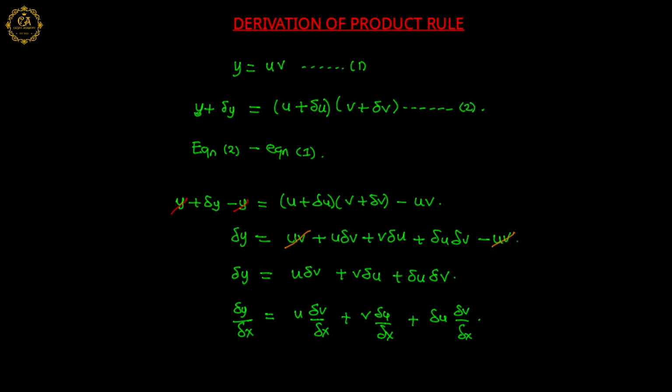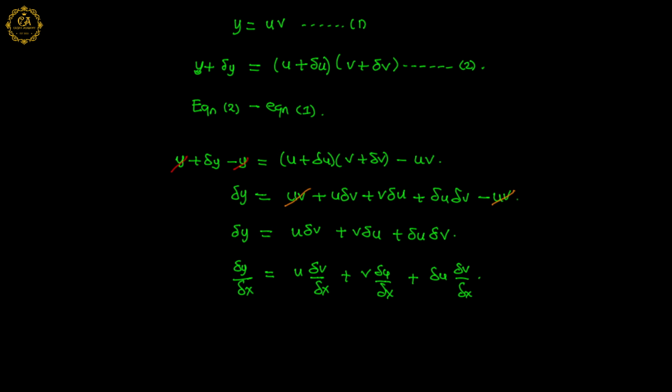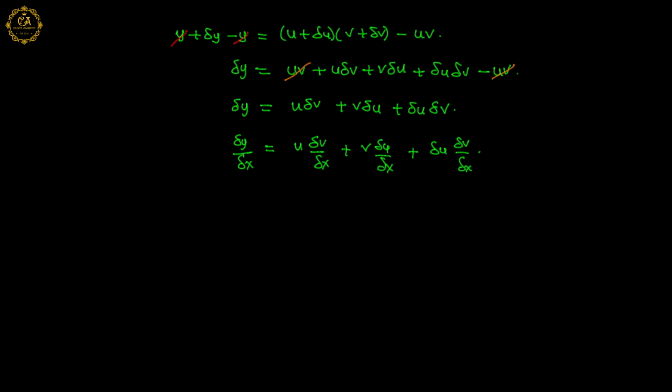Having reached this stage, the next thing from the definition is, as delta x tends to 0, what happens to this side? Our delta y by delta x will turn into dy by dx.